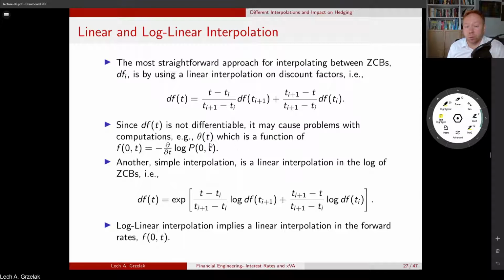If you use your yield curve to simulate a Hull-White model or any short rate model, very likely you will depend on the instantaneous forward rate, which is basically the log of a zero coupon bond. If you don't have smoothness in this kind of interpolation on zero coupon bonds, then you have a problem, because the theta function, the term structure of your short rate, will have very weird behavior.